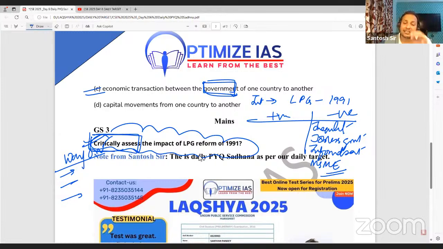Without the second generation reforms, we will never be able to transform India into a manufacturing hub, and without that we will not be able to give employment to our people. It is only the manufacturing sector which can give jobs to our people. In the last 30 years, we could not boost manufacturing because the economic reforms did not tackle the land and labor factor. So this you can write.